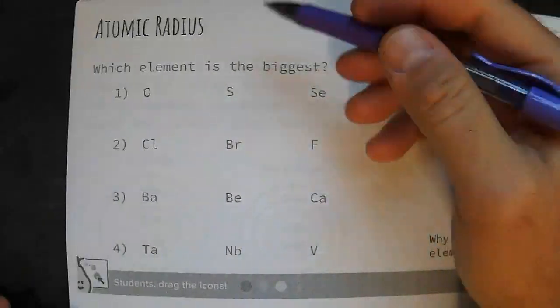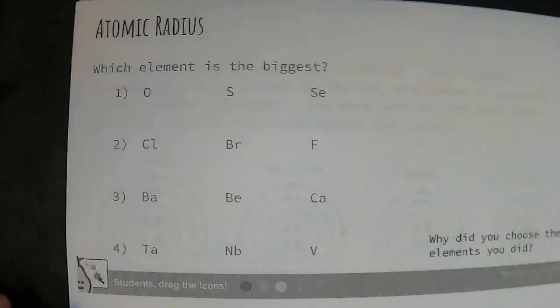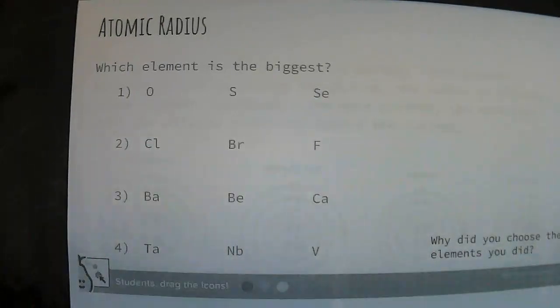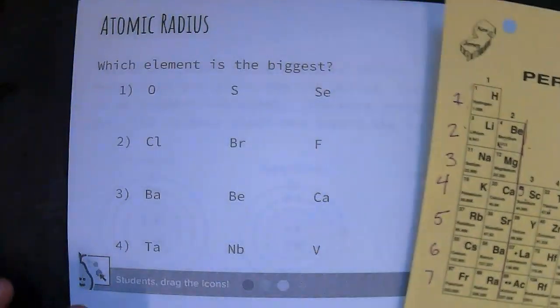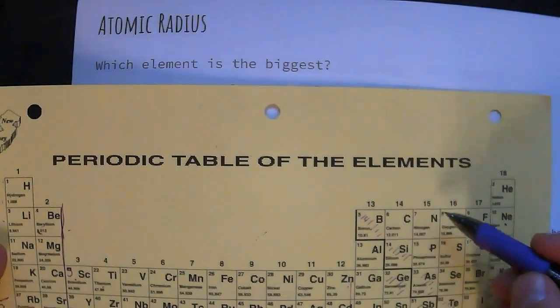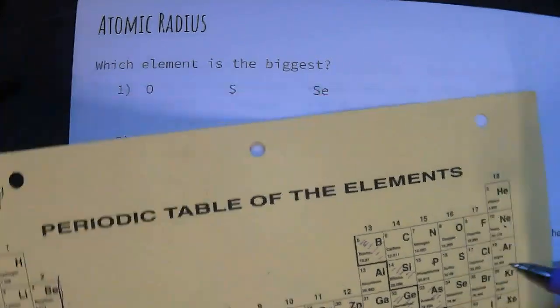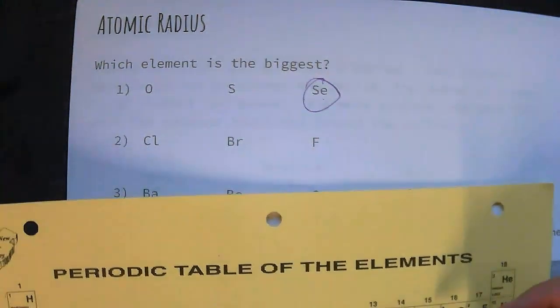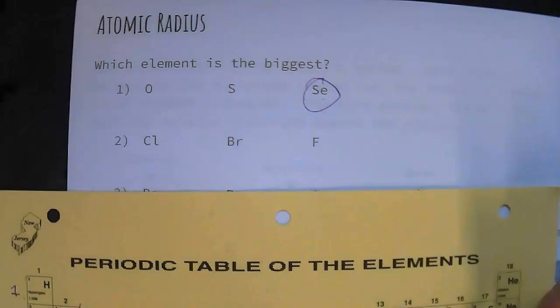These are the types of questions you'll see. Which element is the biggest? In this case, we want to know which one is the furthest down on the periodic table. So O, S, Se. Se is the biggest.